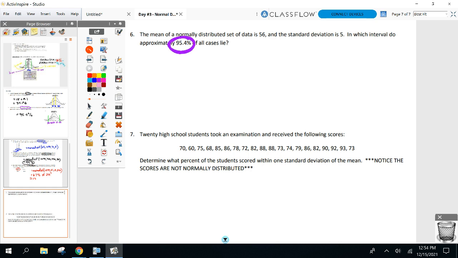That's a number for us. That's all the scores that fall within 2 standard deviations, right? The other one was 68.2 for within 1.